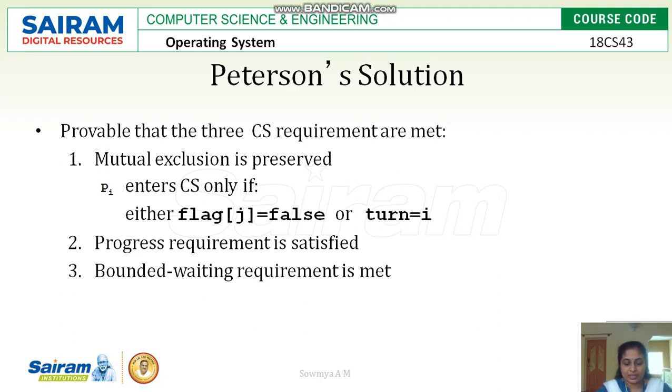Likewise, the turn value will be i if the flag value of j is false. The progress requirement is satisfied, and the bounded waiting requirement is met in Peterson's solution.